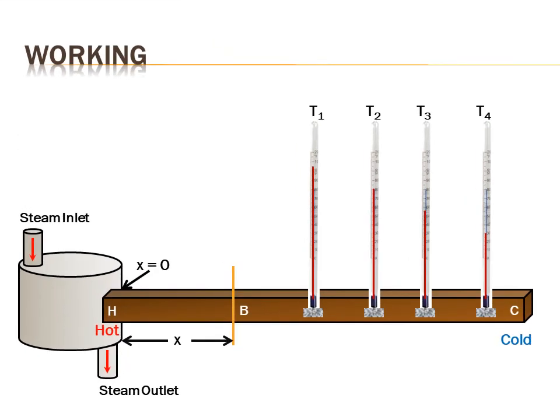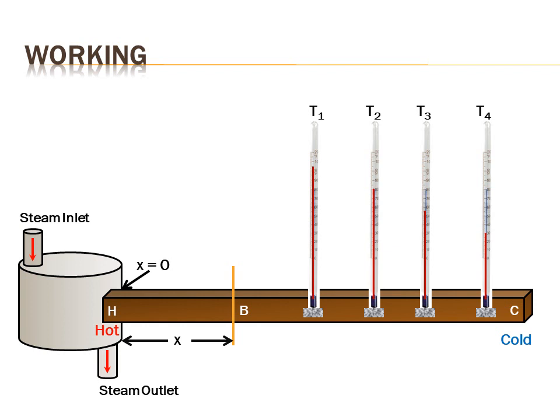The metal rod HC is heated till it reaches a steady state, where the thermometers T1, T2, T3 and T4 all indicate constant but different values of temperature. The temperature measured at T1 is higher than the temperature measured at T2.